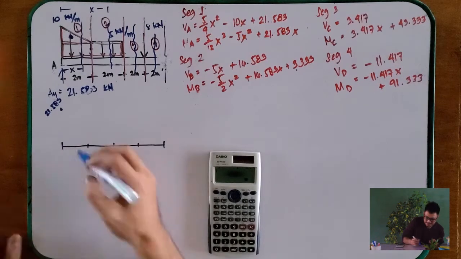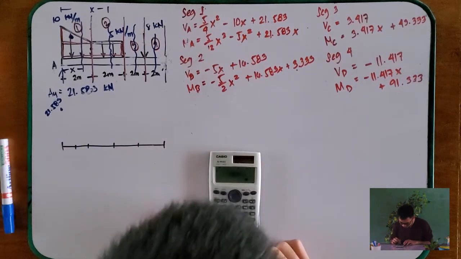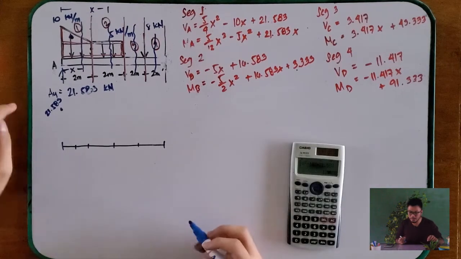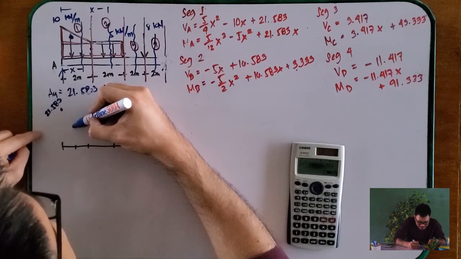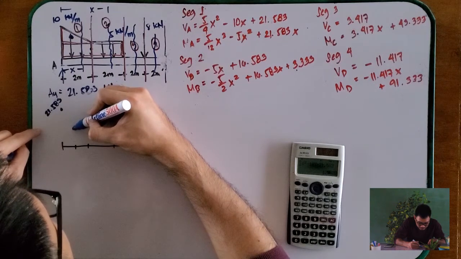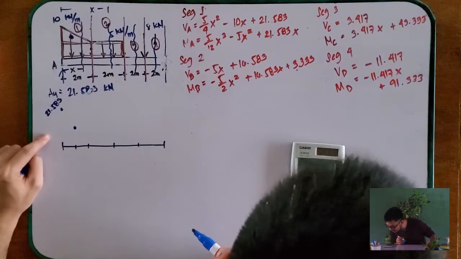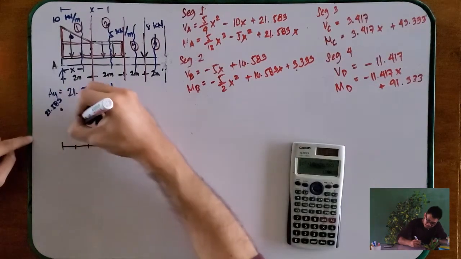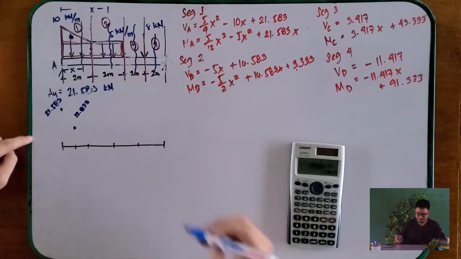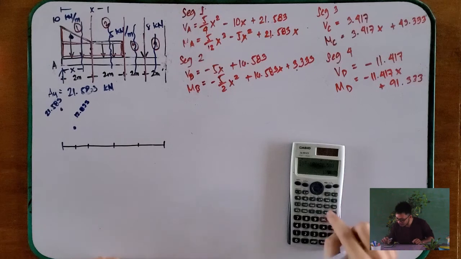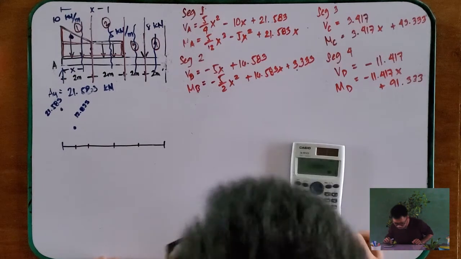And how about if x is 1? If x is equal to 1, your value will be somewhere at 12.833. And how about if x is 2?